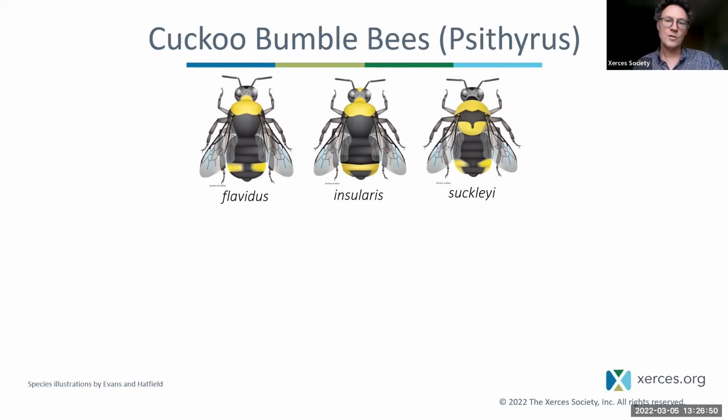I do not have time to show you all the bees, all the species that occur here, as we've discussed, but I'll do my best. So the first group I'm going to give you is the cuckoo bumblebees.